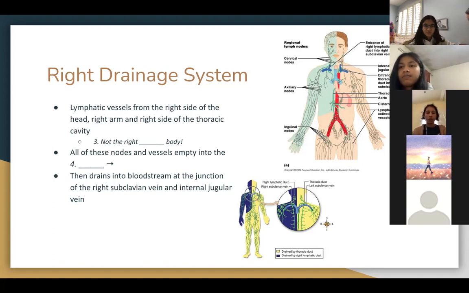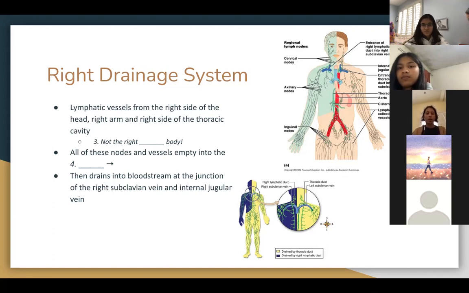One important thing to remember is that just because it's called the right drainage system doesn't mean that it's necessarily draining interstitial fluid from the right side of the body. That's just the name we refer to it by.